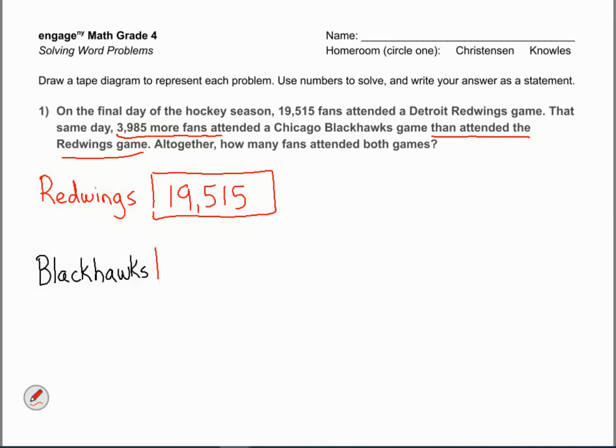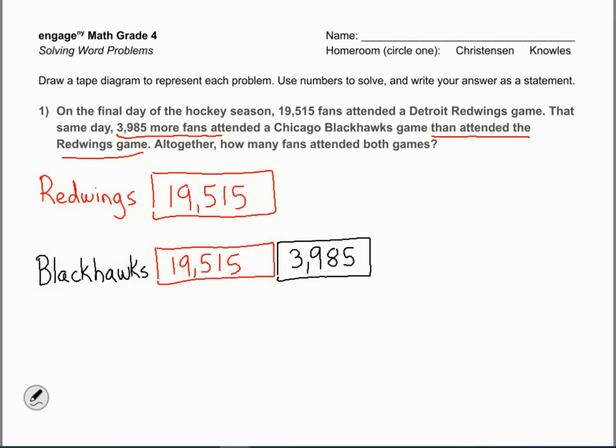So they had 19,515 fans, but they also had more. They had a certain number of more fans attend their game. So 3,985 altogether.